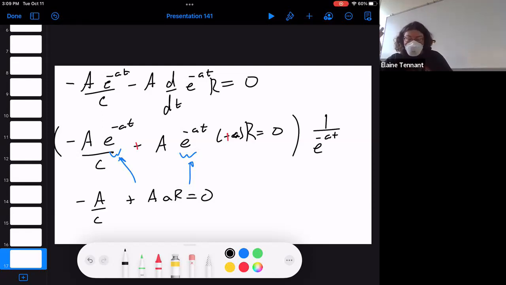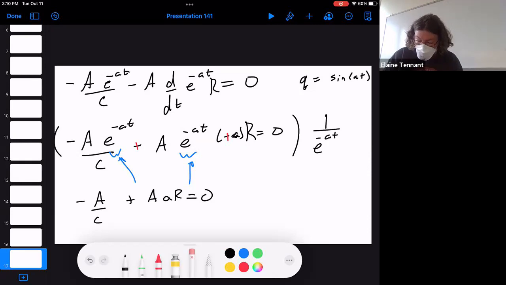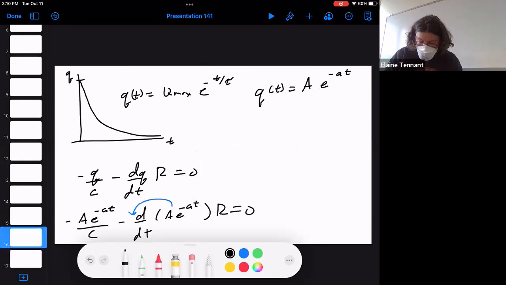If I tried to plug in q equals sine at, this wouldn't have worked because I would have a sine and a cosine, and those wouldn't cancel out. So an exponential absolutely did work, and we knew it would work because we saw this equation right here, and we said, hey, the function equals the derivative of itself.